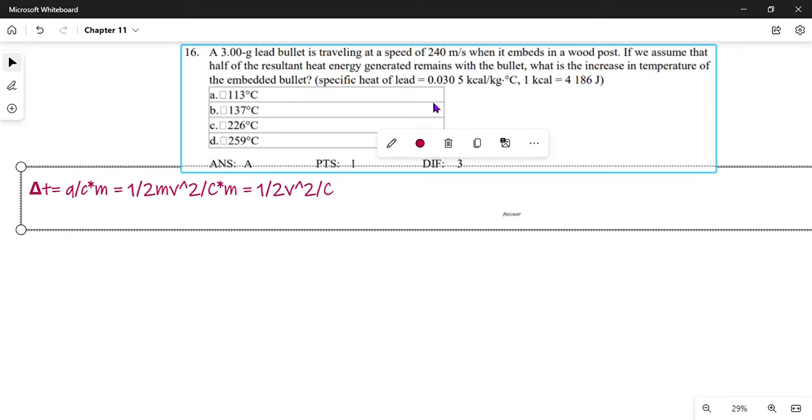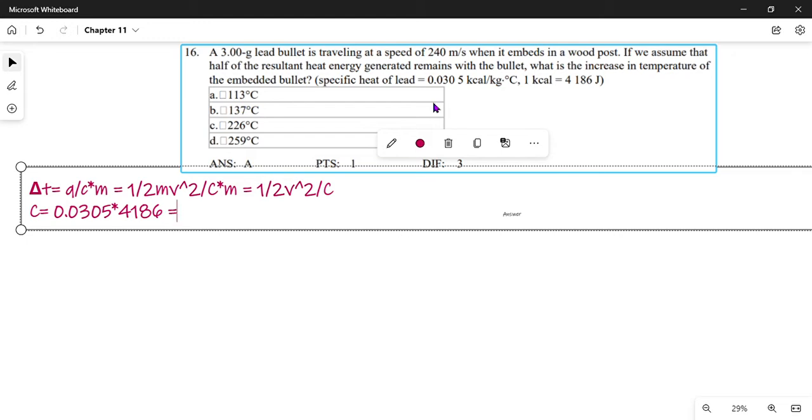So the specific heat capacity equals 0.0305. To convert it to joule per kilogram degree Celsius, we have to multiply it by 4186.